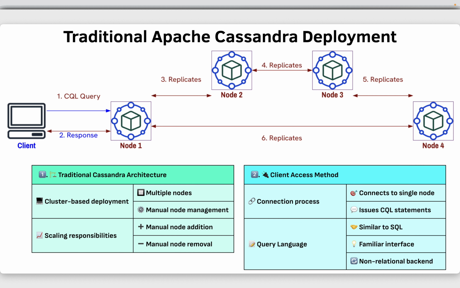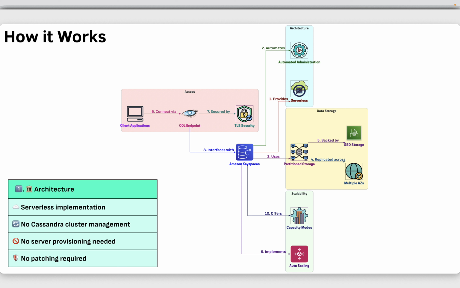Client access to Cassandra is designed to be straightforward and familiar, with applications connecting to any single node in the cluster and using CQL, which is Cassandra Query Language, which is a SQL-like language that provides a comfortable interface for developers accustomed to relational databases. Even though Cassandra itself operates on non-relational principles, this design choice significantly reduces the learning curve for teams transitioning from traditional relational databases. So how it works?